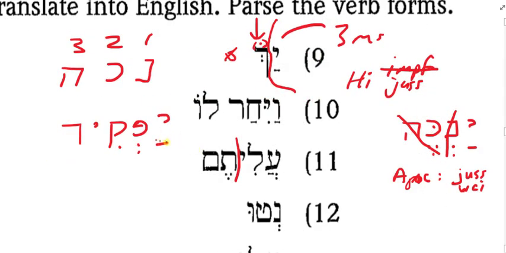Look at number 11. Tem, yeah, that's 2MP, right? And it's perfect. So look over here. I have a compound shva, which is really a vocal shva under a guttural, right? Which stem gets no prefixing in the perfect? How many? There's 3 stems that have no prefixes in the perfect. What are they?